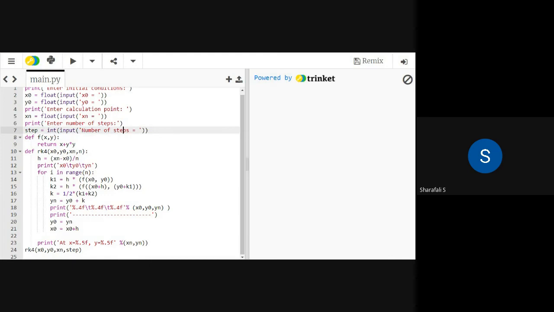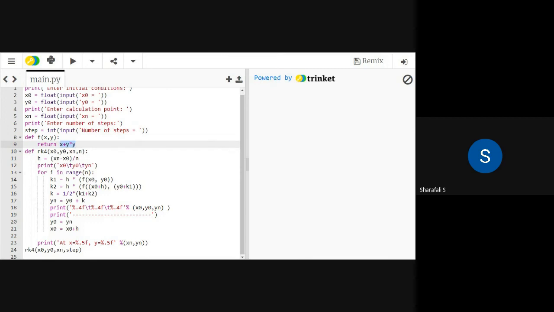Then I am defining the function, whatever dy by dx equals, that we have to provide here. I have used the same function that we used for calculating the value of y at 0.2 in the previous example, x plus y square.